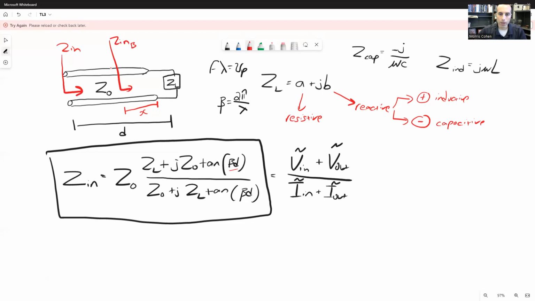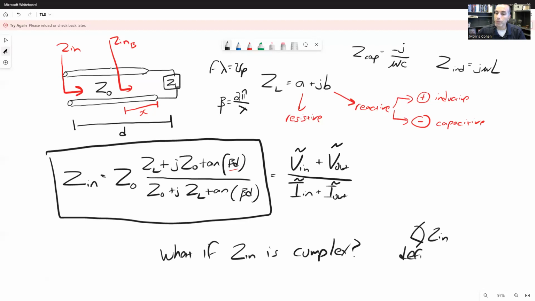So let's consider for a second what happens if Zin is complex. If Zin is complex, what that basically tells us is that the total voltage and the total current are out of phase with each other, right? And the angle of Zin defines the phase shift between the total voltage and the total current.